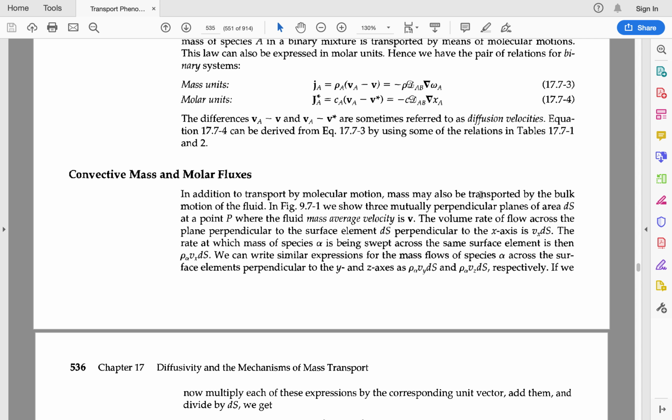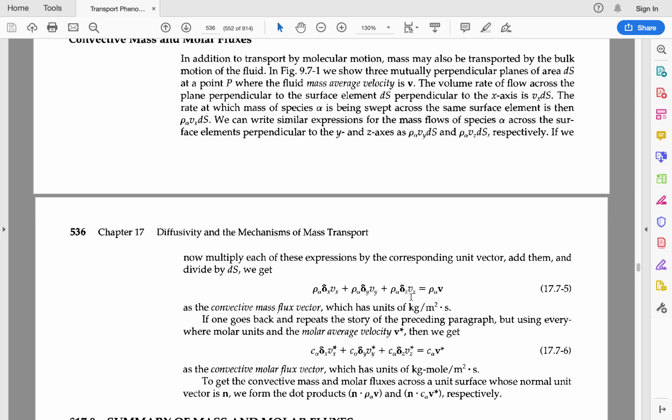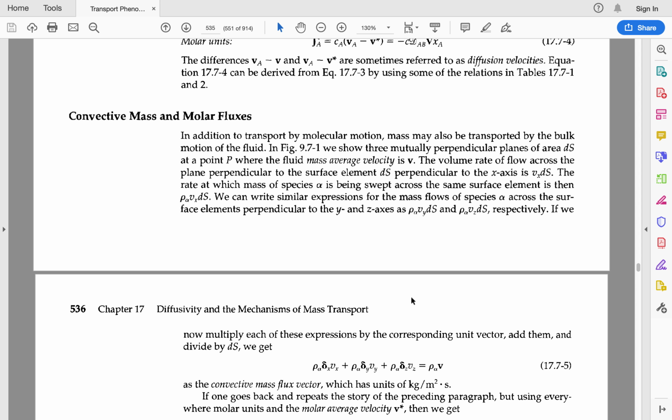The mass is transferred because there is a bulk motion of the fluid, because the medium is flowing. We call that velocity the mass average velocity.